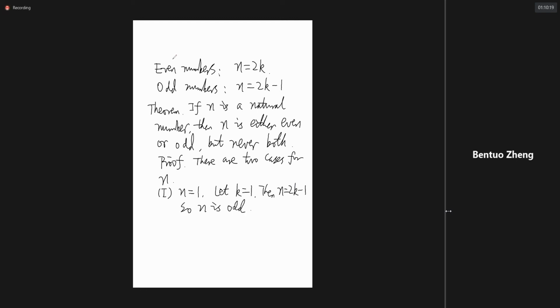And the second case is n is greater than 1. So if n is greater than 1, then n has to be greater than or equal to 2, since n is a natural number.